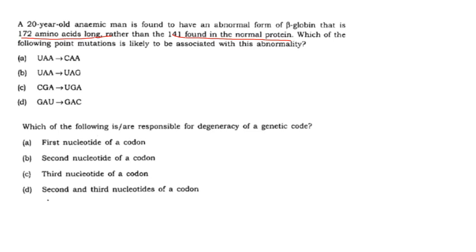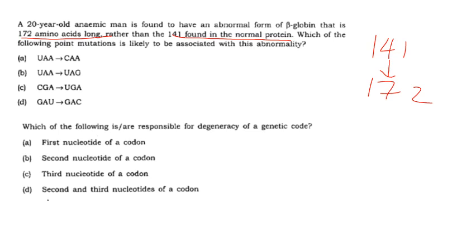As you can see here, under usual circumstances this protein has 141 amino acids, but in this particular case it has 172, which means it has more amino acids than it is supposed to have. This means that where the protein was being synthesized in the cells, it did not stop at the point it was supposed to stop, and therefore more amino acids got incorporated into the peptide chain.